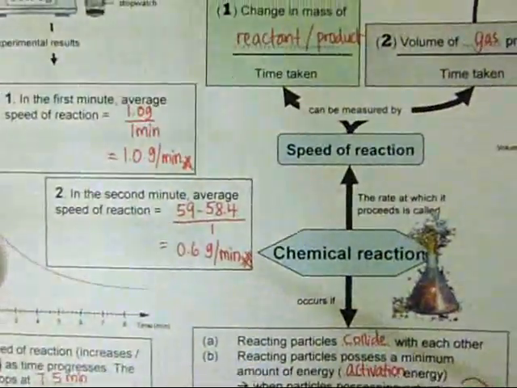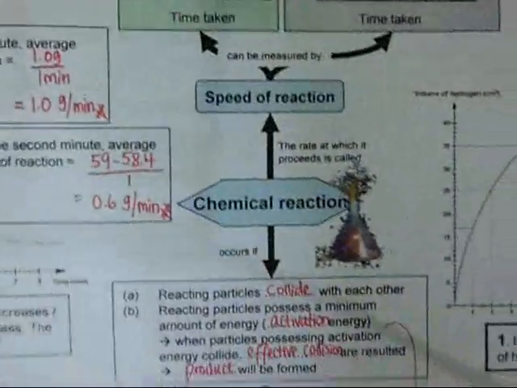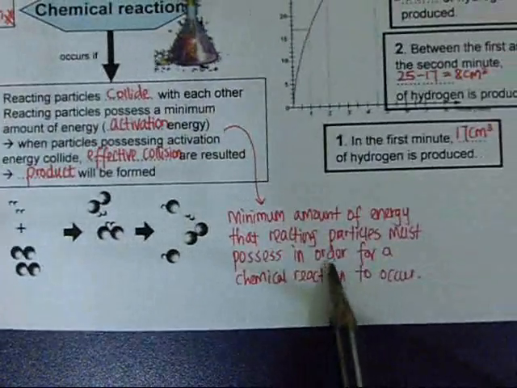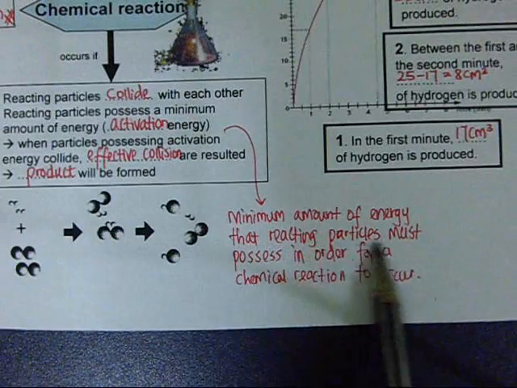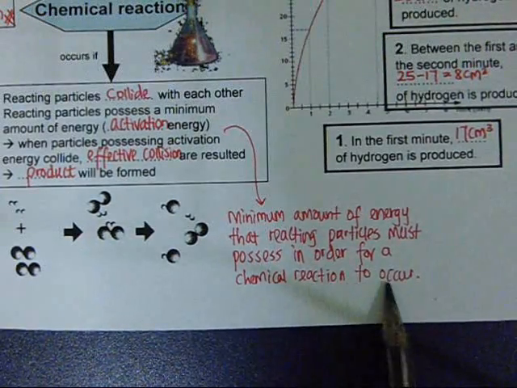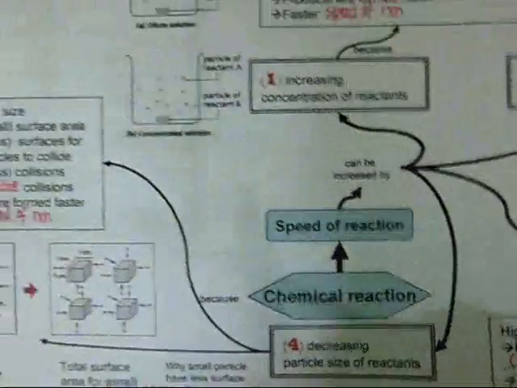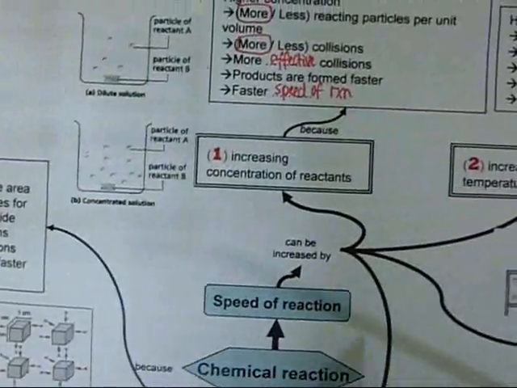Speed of reaction. You need to know the definition for activation energy. Minimum amount of energy that reacting particles must possess in order for a chemical reaction to occur. That is called activation energy. And then you need to know how the speed of reaction can be increased and why.